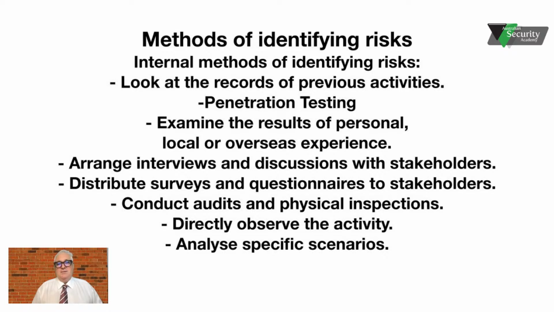So we look at records of that. The records we may obtain could be security reports, financial reports, customer complaints, or government compliance action taken against you. So they are some of the records that you could look at.